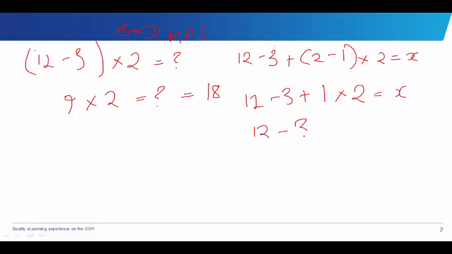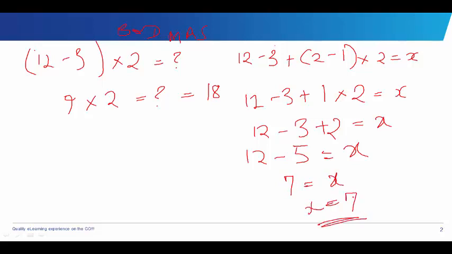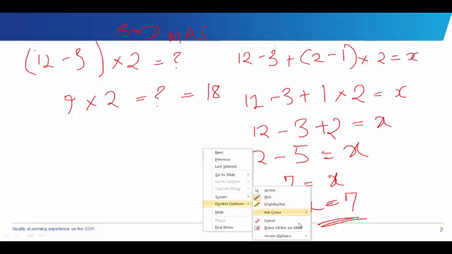Now 1 times 2 is 2. So 12 minus 3 plus 2 equals x. What follows next is addition before subtraction. So we have 3 plus 2 is what? 5. So we have 12 minus 5, which will give us what? 7 equals x. So therefore our x now becomes 7. So that is BODMAS.